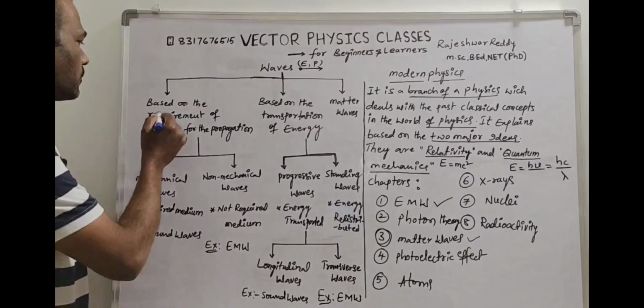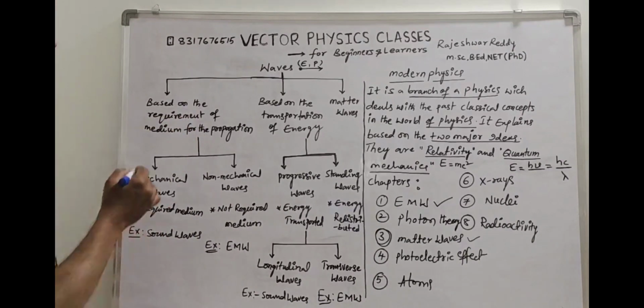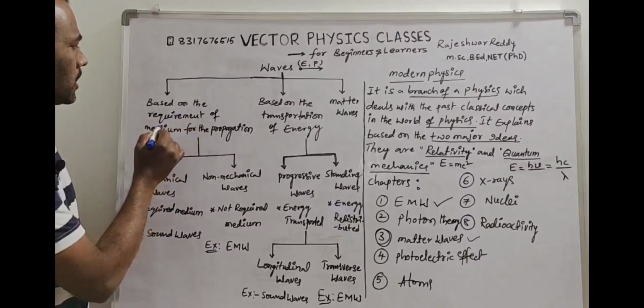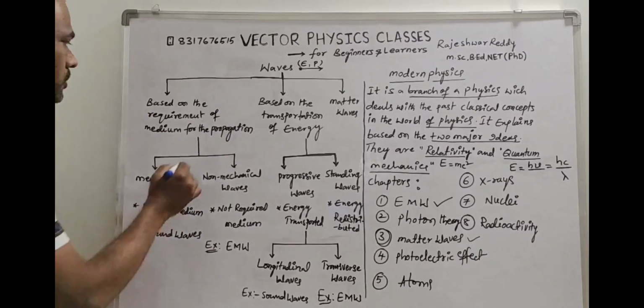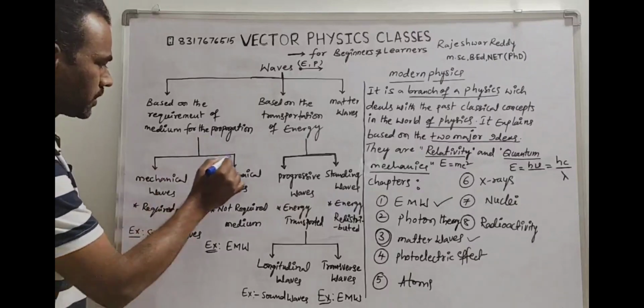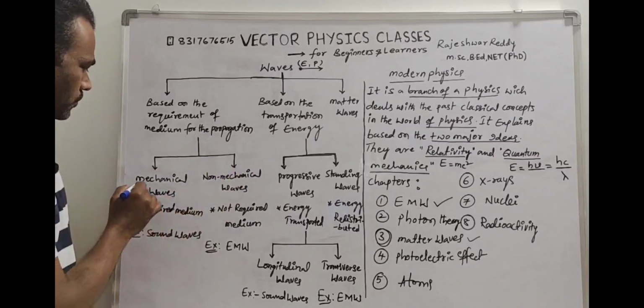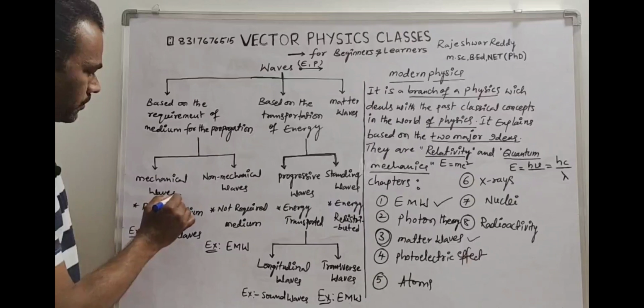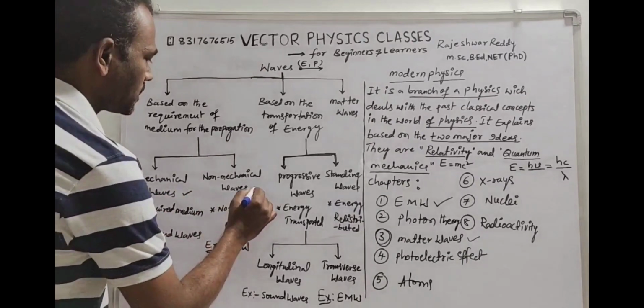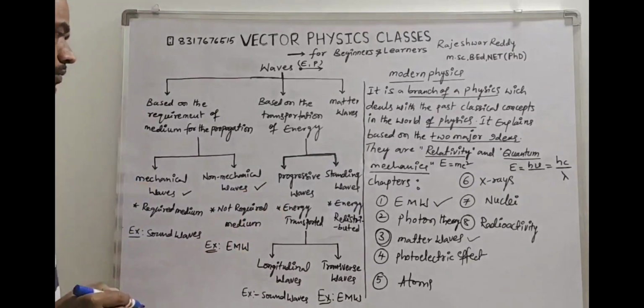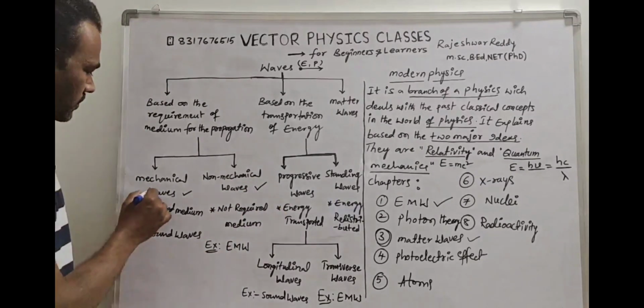The first classification of waves is based on the requirement of medium for propagation. According to this, the waves are of two types. One is mechanical waves, and the second one is non-mechanical waves. What are the differences between them?